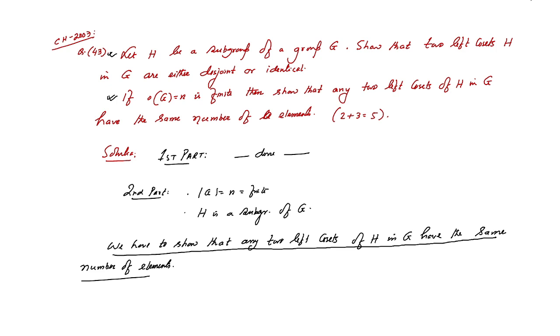Okay. So what will we do? We will take any two left cosets and we will show that they have the same cardinality.